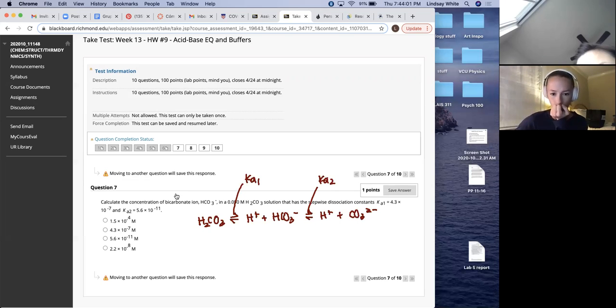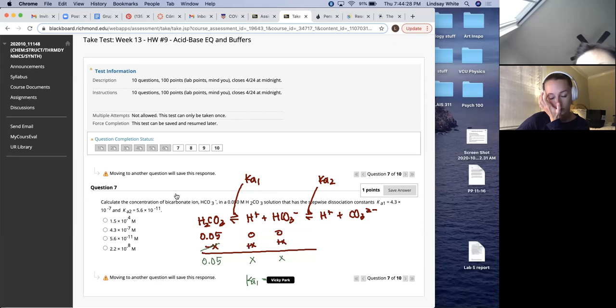If you have 0.05 of these, 0 minus x plus x plus x. So it's 0.05, this is x and this is x, and then you just have to plug it in into that. X squared over 0.05. And then solve for x.